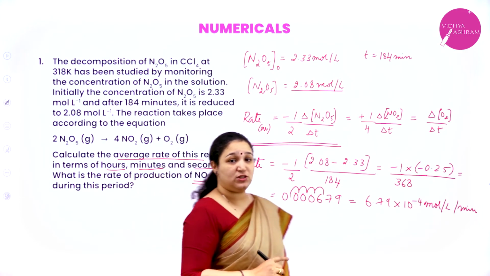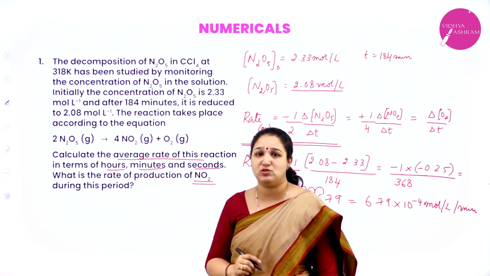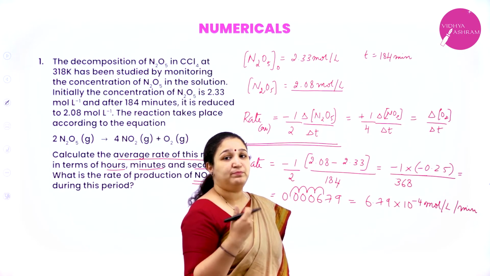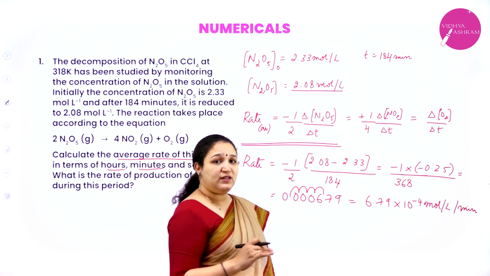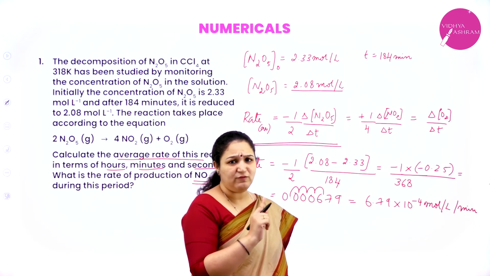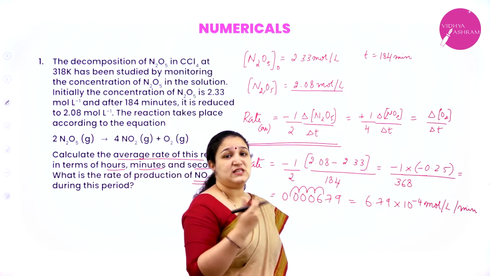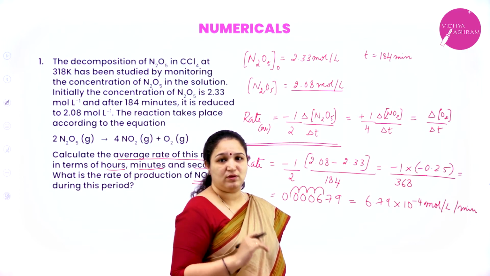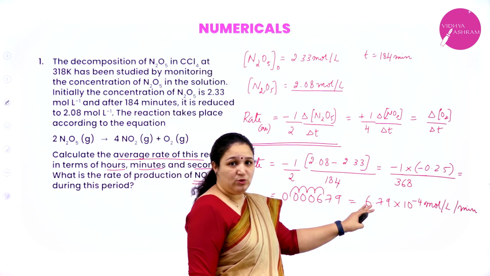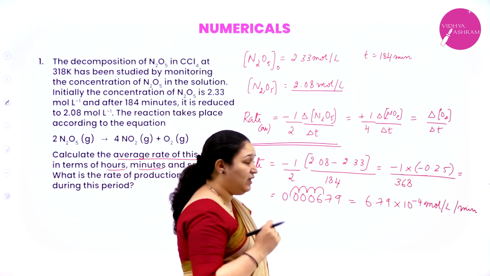Now what is the question? I have to get the average rate in terms of hour and seconds also. So I have to convert this value into per hour and per second. To convert into per hour, what do I have to do? We know that 1 hour contains 60 minutes. So for 1 minute this is the value; for 60 minutes, I have to multiply by 60.